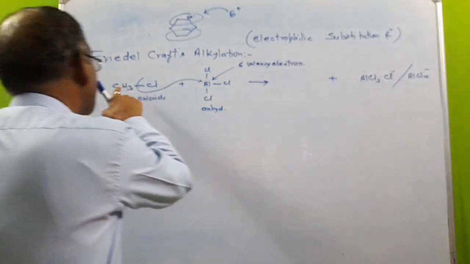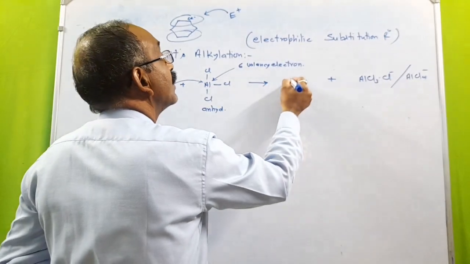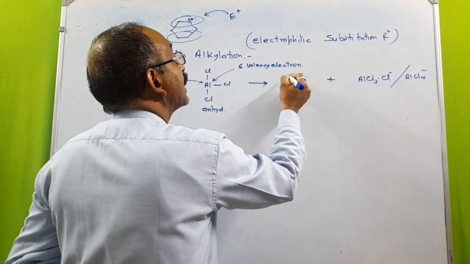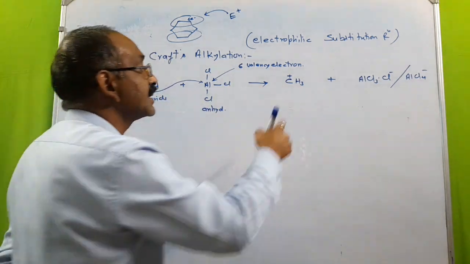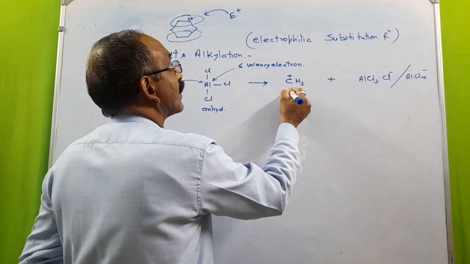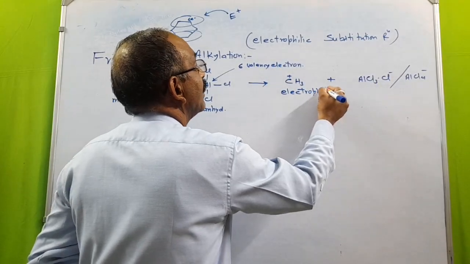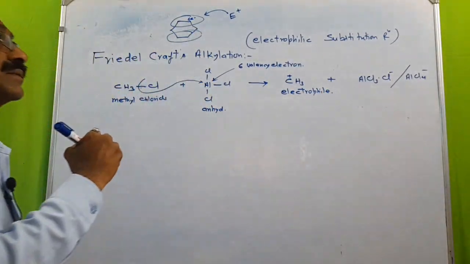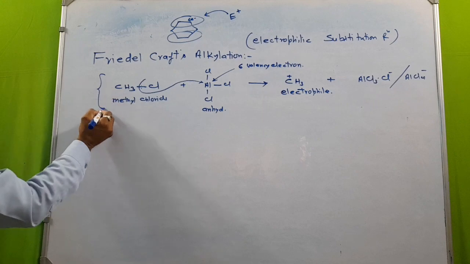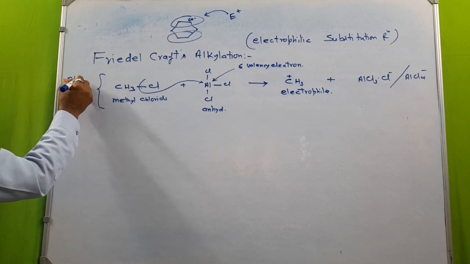See, this carbon has lost the electron. Now we'll get an electron deficient species, the carbonium ion, which will act as an electrophile. See, this is our first step.